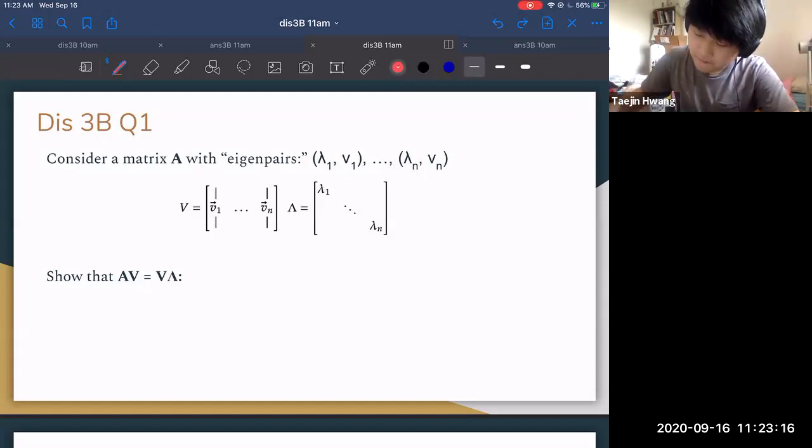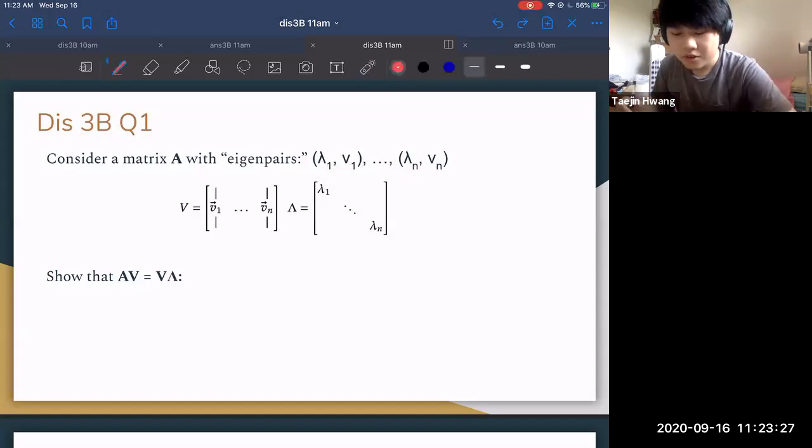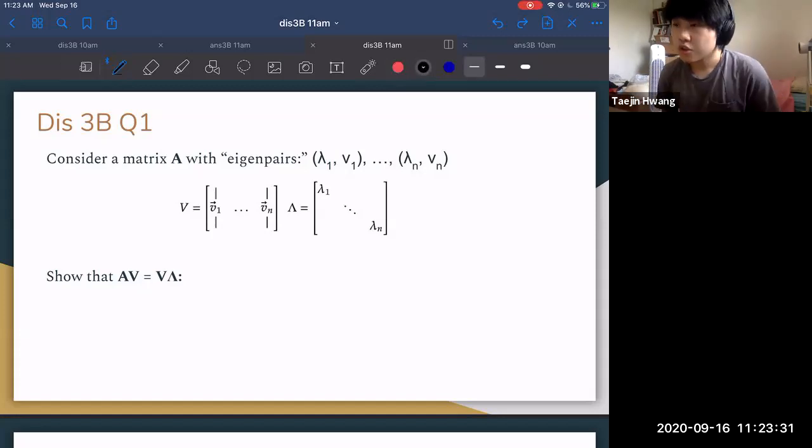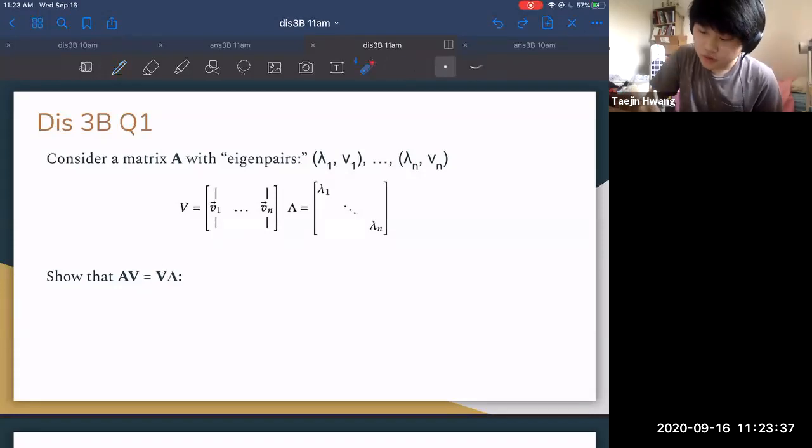I don't think eigenpairs is official terminology, but essentially what I mean is you have this pair of lambda 1 and v1 and this pair of lambda n and vn. The goal of part A is to show that A times V, the matrix A times the matrix V, where V is a matrix of eigenvectors, is equal to V times the diagonal matrix.